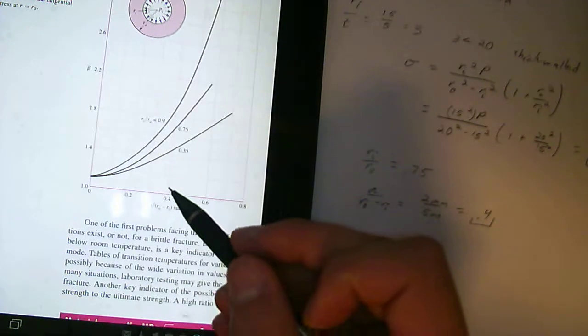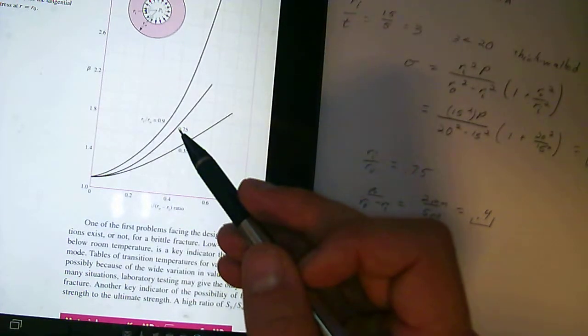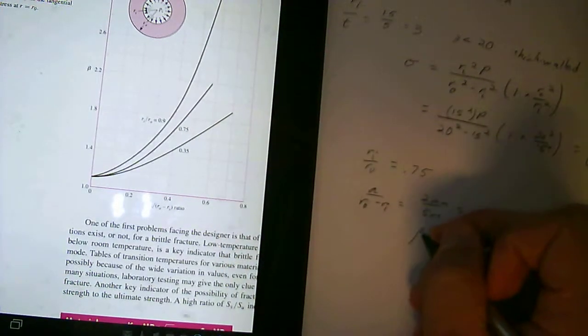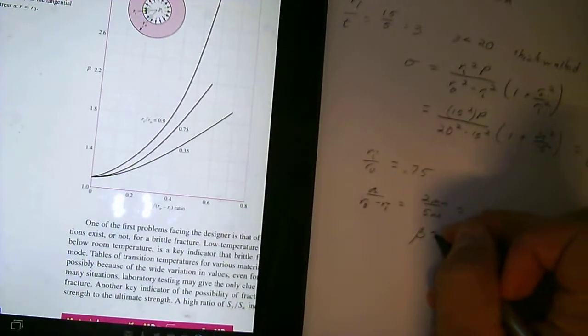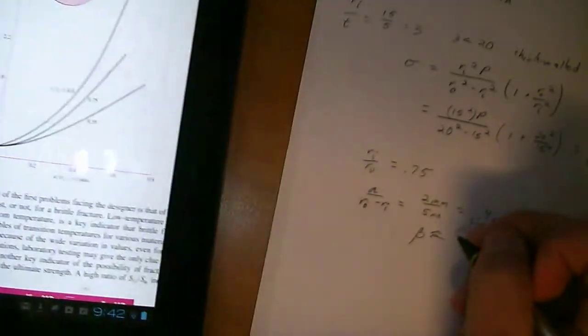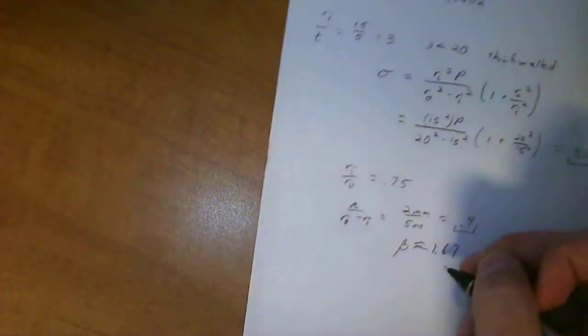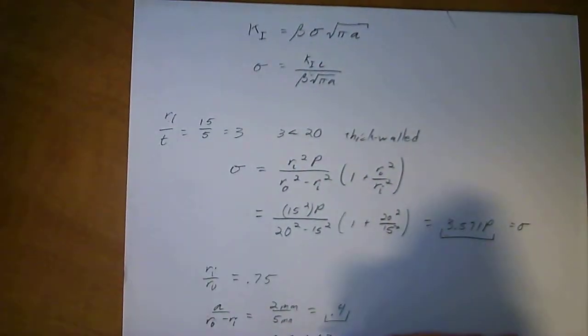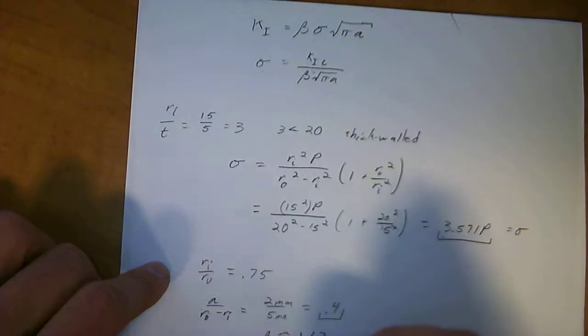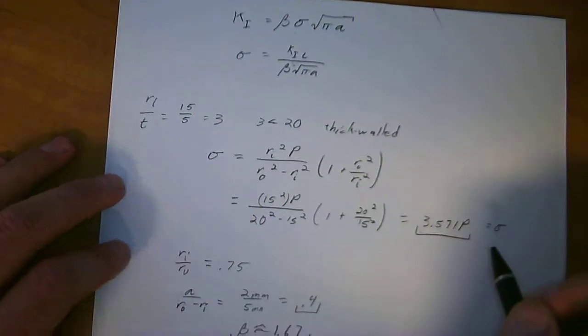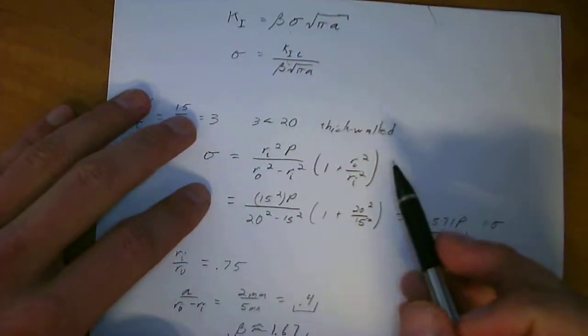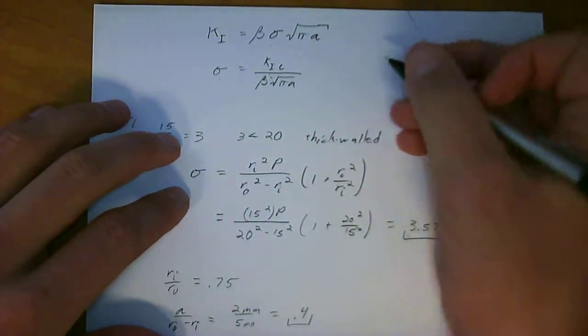So looking at 0.4 and 0.75, we're going to say that that gives us a beta equal to about 1.67. That's pretty close. So we've got our beta, we've got our sigma in relation to P, because we're trying to find the P, trying to find internal pressure. That is our question.